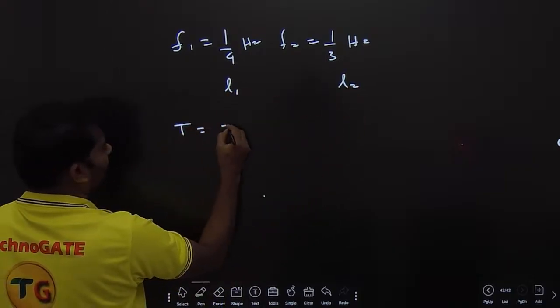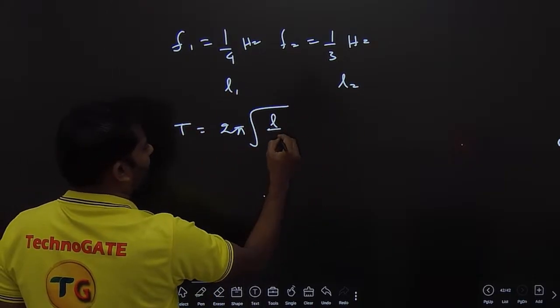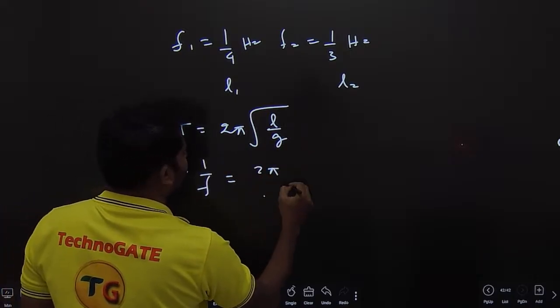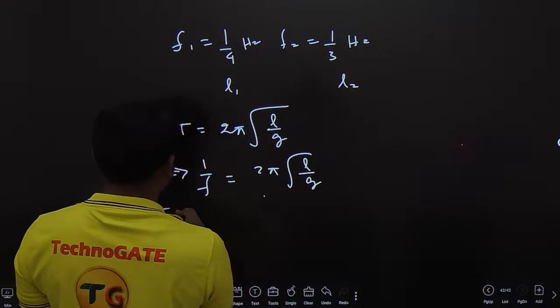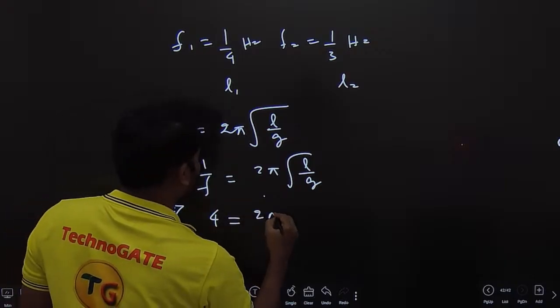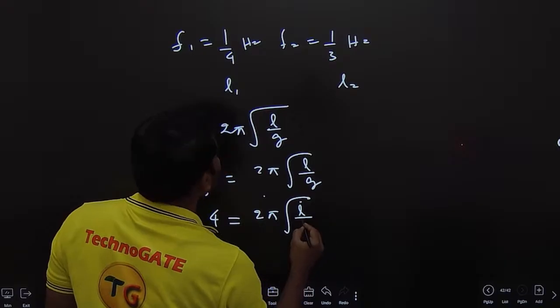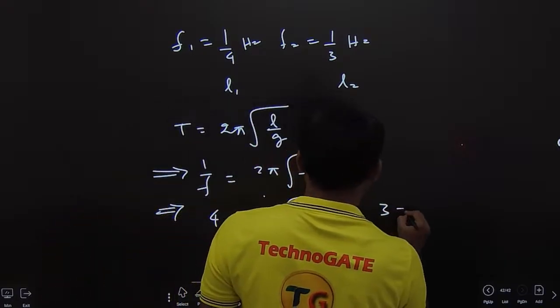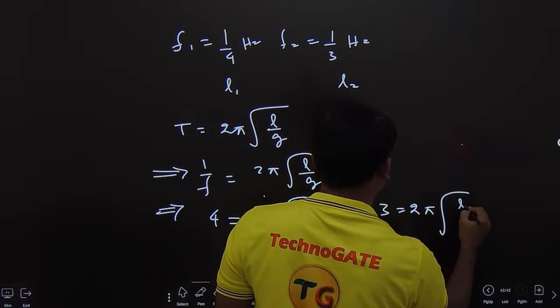So time period is equal to 2 pi under root L by G. So 1 by frequency is equal to 2 pi under root L by G. This implies 4 is equal to 2 pi under root L1 by G, and 3 is equal to 2 pi under root L2 by G.